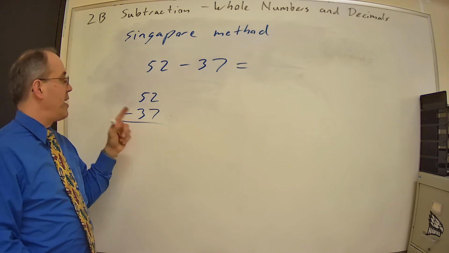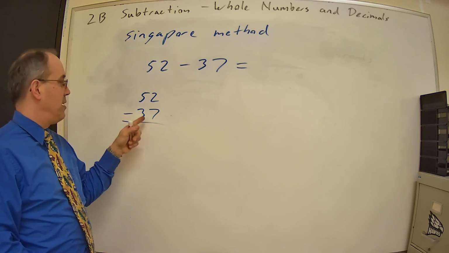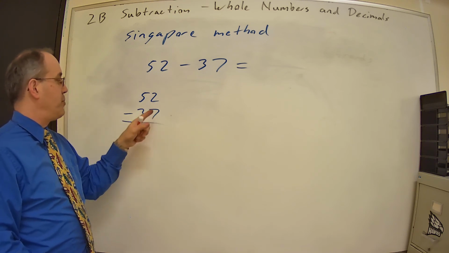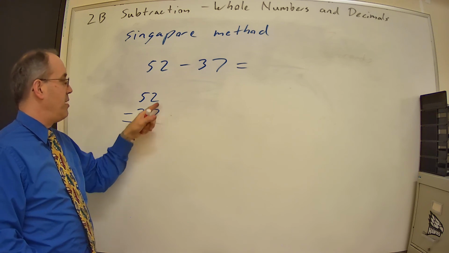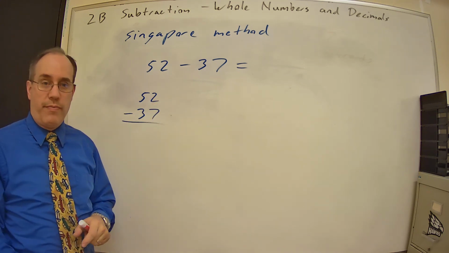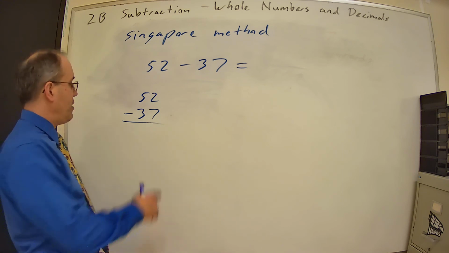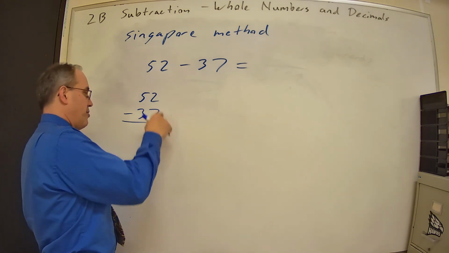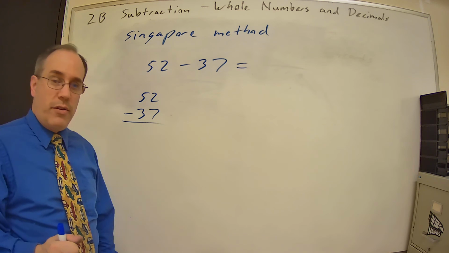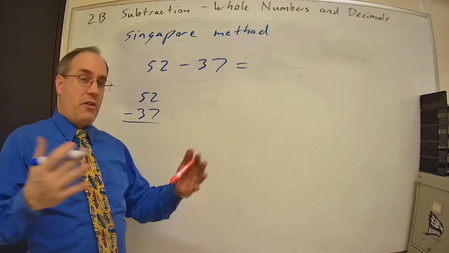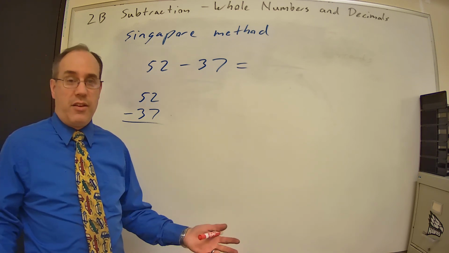The reason we can't subtract 37 from 52 is because we can't subtract 7 from 2. So if we can turn this bottom number into a 0, it's easy to subtract 0 from something. It doesn't take anything away.